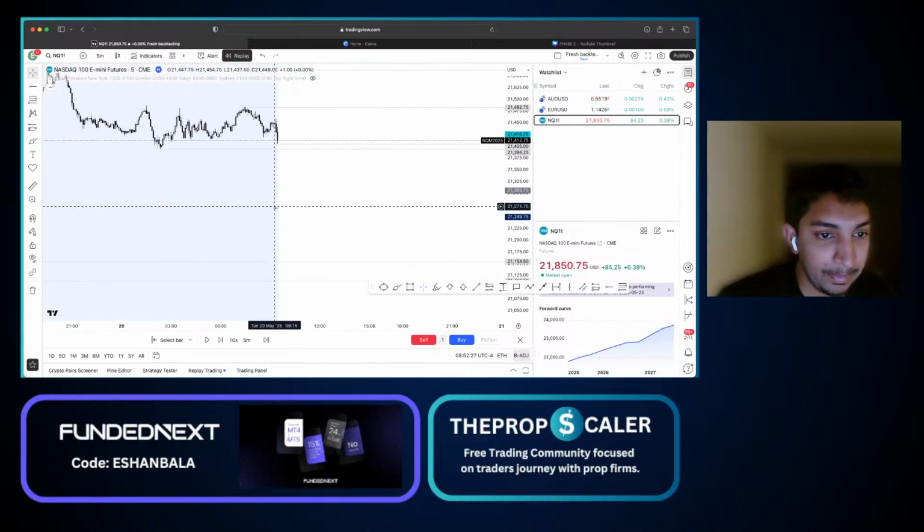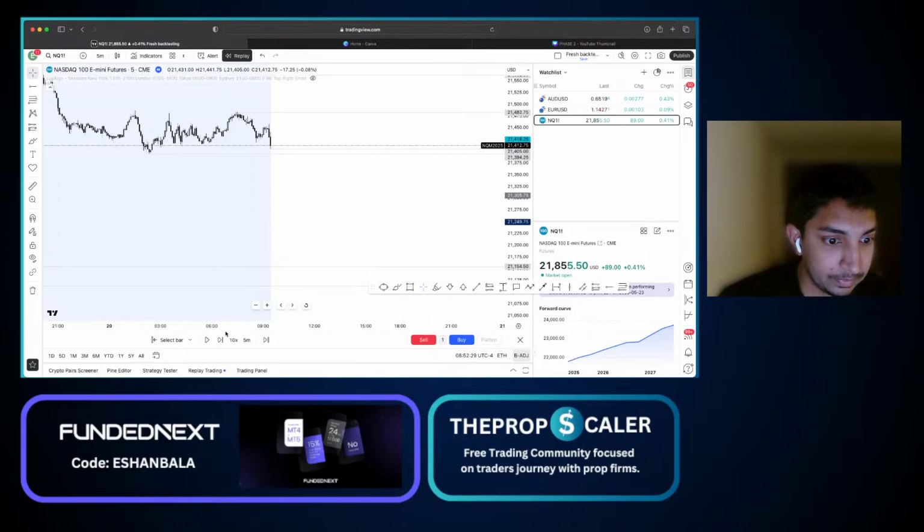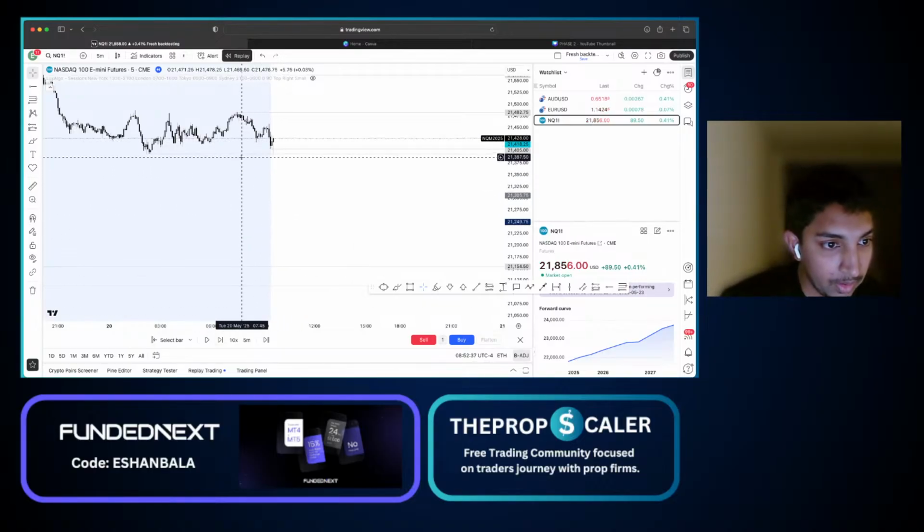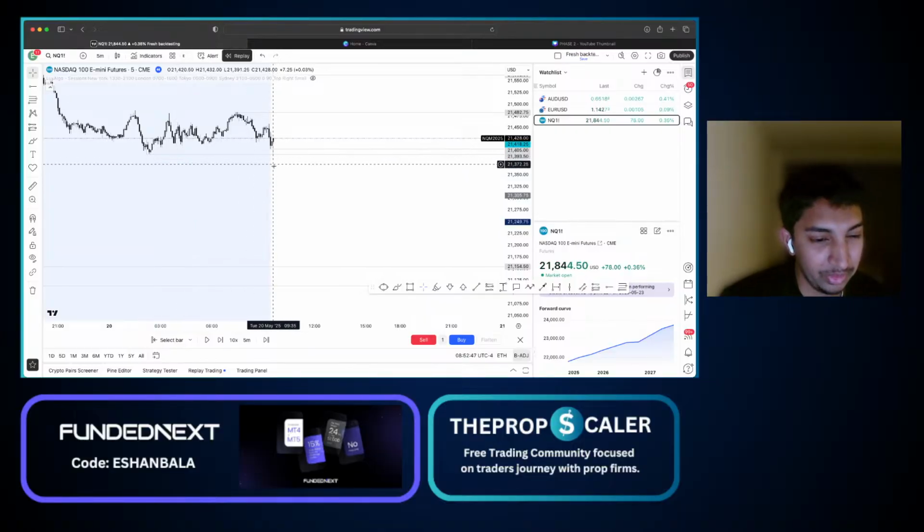So let's see what happens with this trade. And if nothing really shows momentum, then I'm not going to do anything. But we can see we got a bit of a sweep of liquidity here. It's just taking it out with a little bit of a wick.